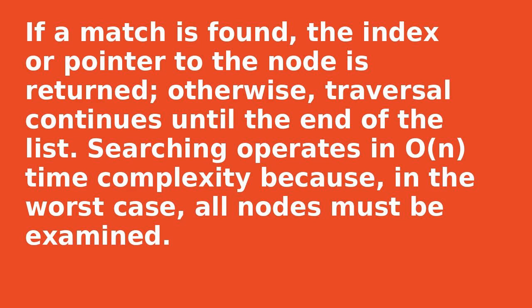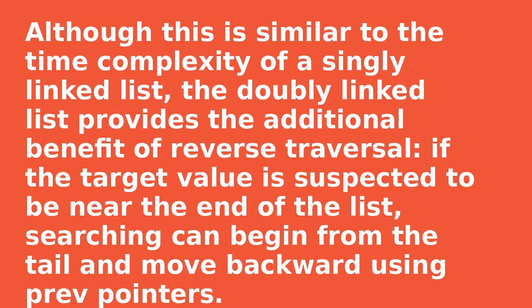Searching operates in O(n) time complexity because, in the worst case, all nodes must be examined. Although this is similar to the time complexity of a singly linked list, the doubly linked list provides the additional benefit of reverse traversal.